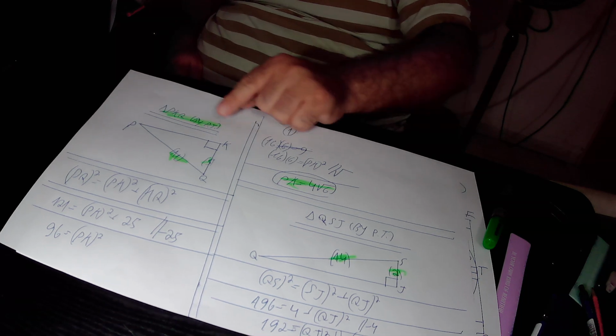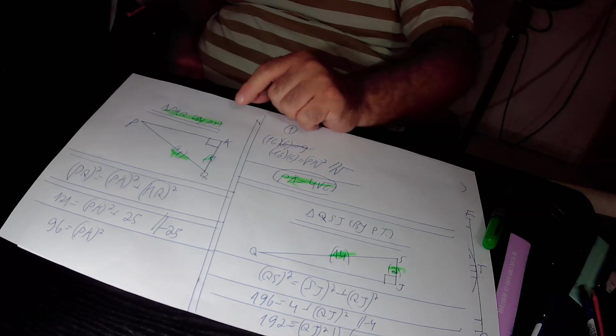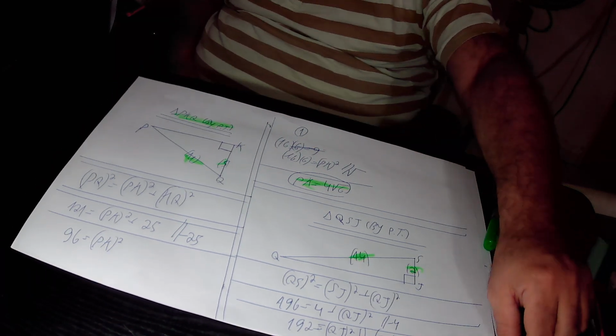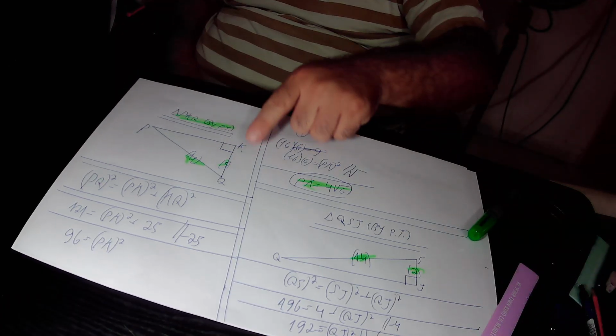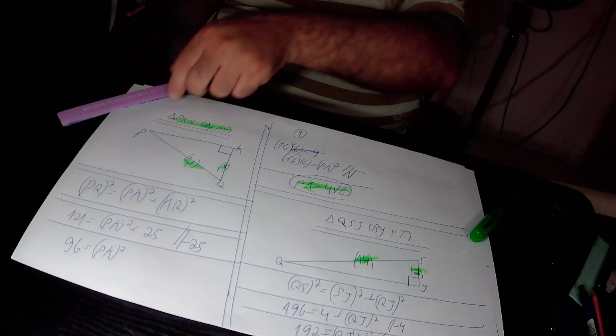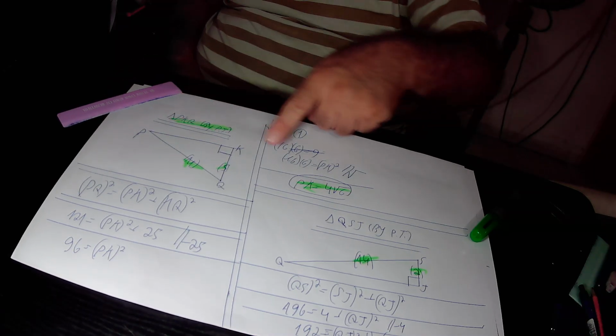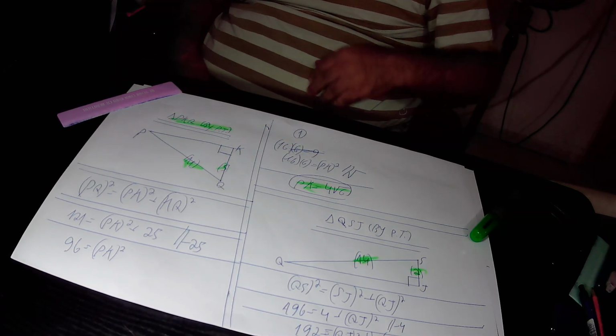This is the right triangle PKQ that is coming from the original drawing. In this right triangle PKQ, PQ square, that is the square of the hypotenuse, equals PK square plus KQ square.